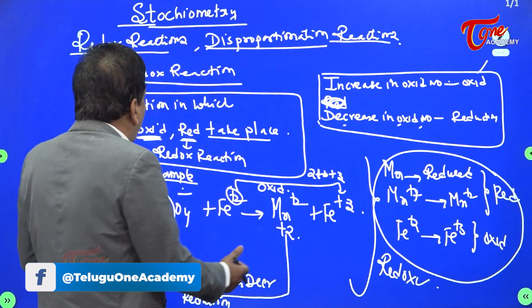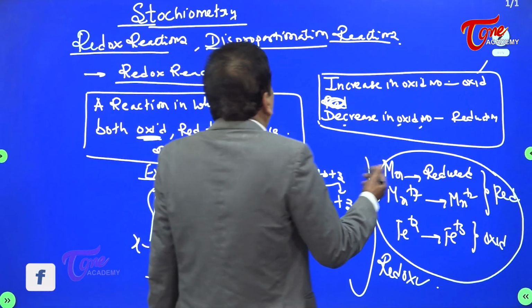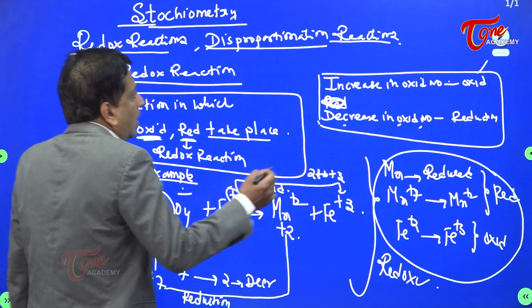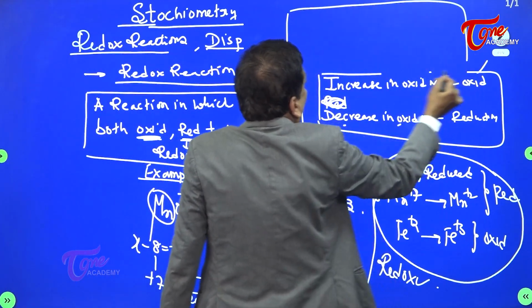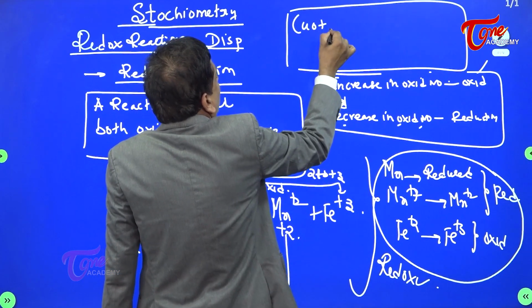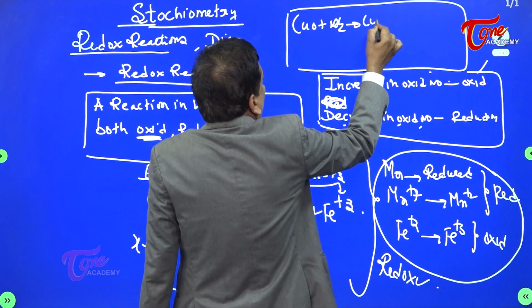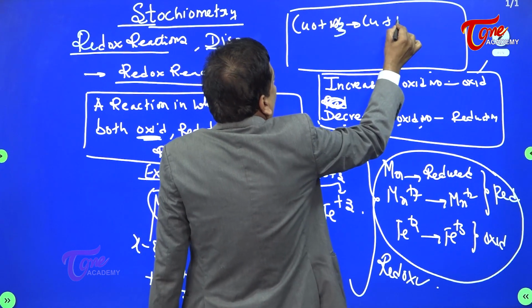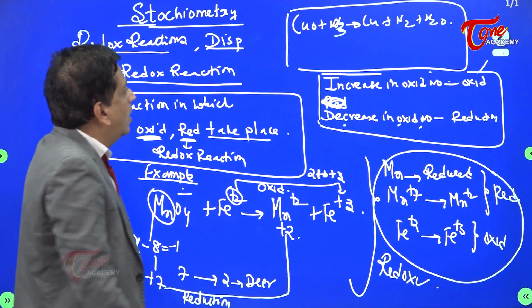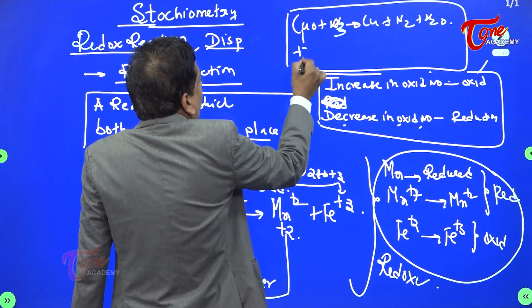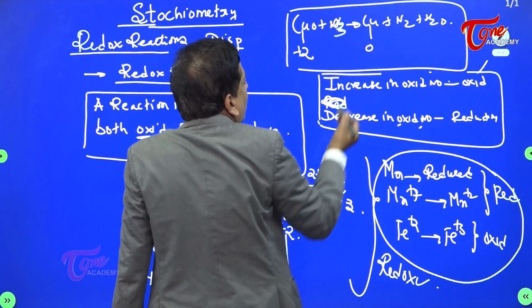If this is the case, I can give you another reaction. Look into this. If you see this reaction, copper oxide plus ammonia gives Cu plus N2 plus H2O. Now what is happening here is the copper is plus 2 here. This is in elemental state, it is 0.